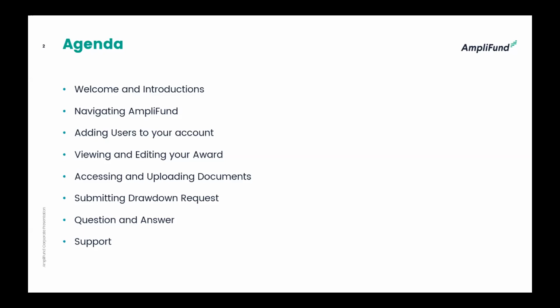And then, as I mentioned, there's going to be time to talk about question and answer, and I'm going to go through all the support options that you have available to you, Amplifund support, as well as our support site and support site on the Nebraska DED website.